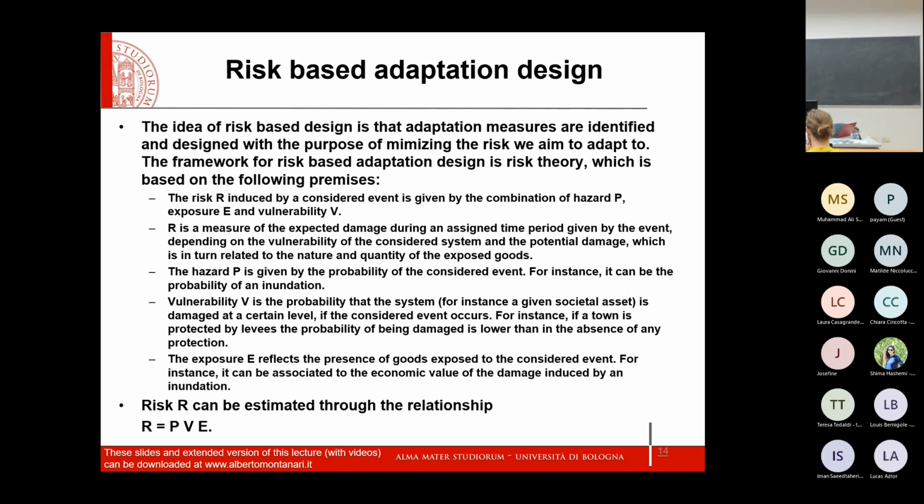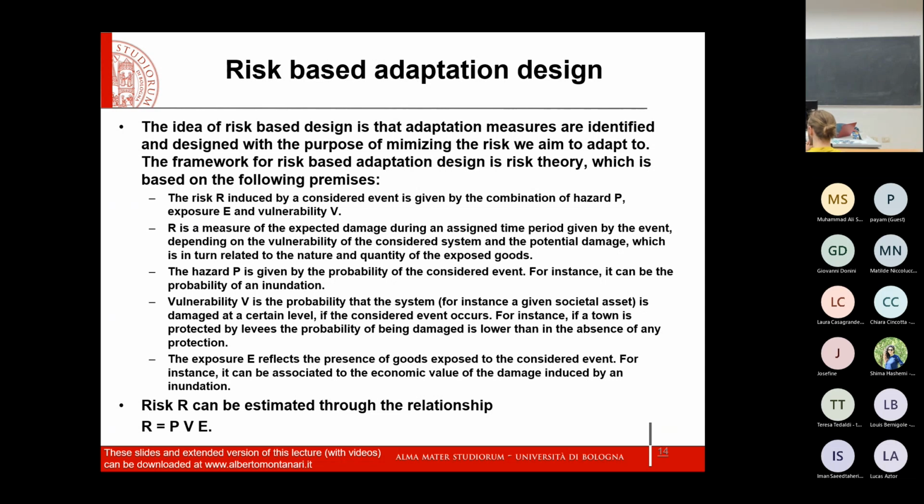It's not reasonable to assume that they are constant. If you get a hot wave, and the hot wave is plus 4 degrees with respect to the average, you may have a vulnerability against it which is reduced, because if you have a good cooling system in the houses, you may reduce the impact. So vulnerability may be lower.